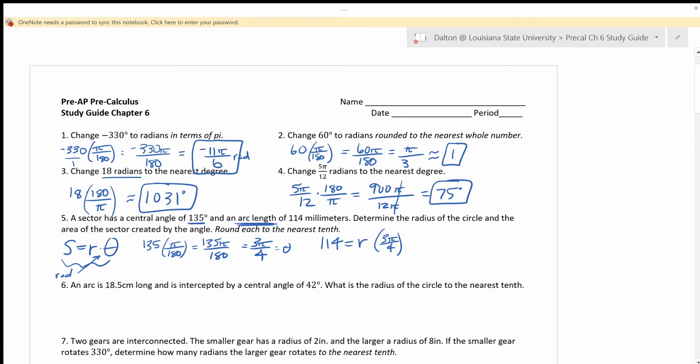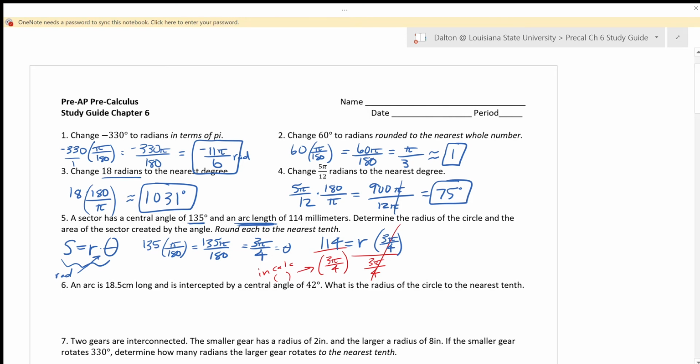To get R alone, I'm going to divide both sides by 3 pi over 4. In your calculator, you must make sure that 3 pi is in parentheses. If it's not, your calculator is going to compute 114 divided by 3 pi first and then divide by 4. You need to make sure that fraction is all together in your calculator.